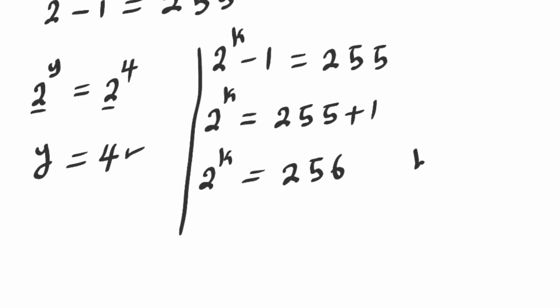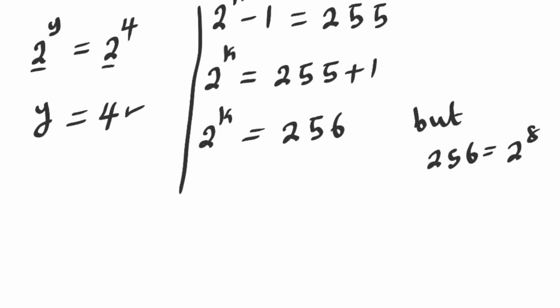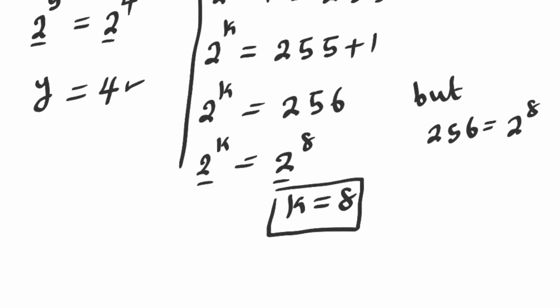But 256 is equal to 2 raised to power 8. Then 2 raised to power k is equal to 2 raised to power 8. You have the same base 2. k is equal to 8. Here is the value of k.